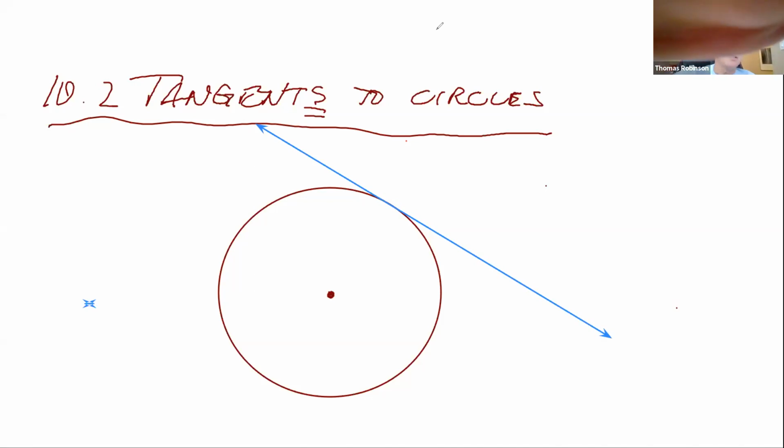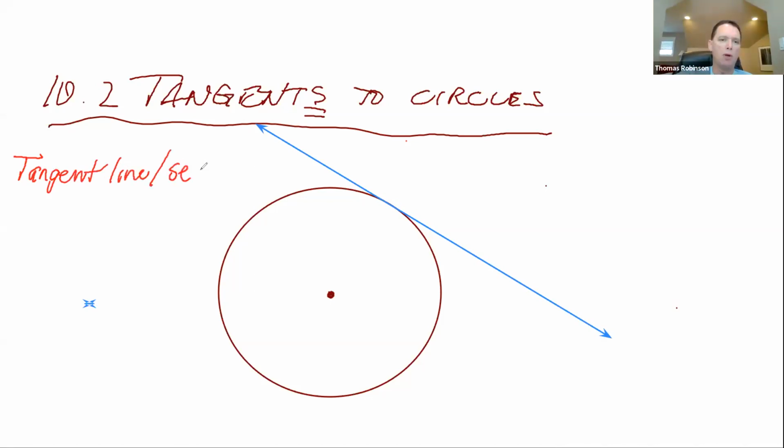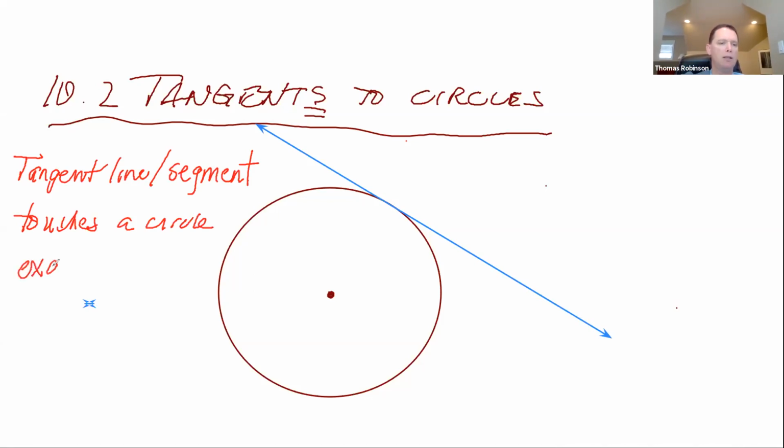So a tangent line, and I would include segment in that as well, sorry, touches a circle exactly once.